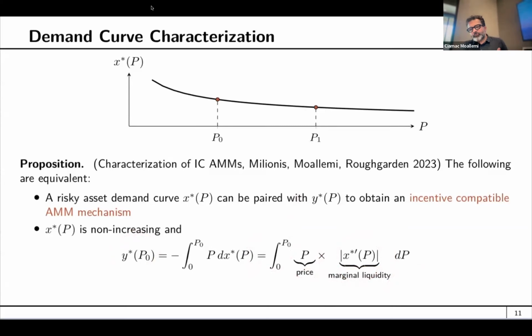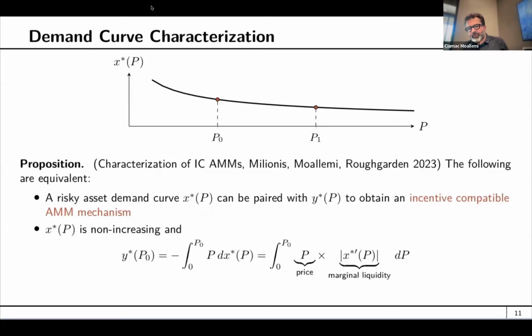So again, it says we move from one price to another price. We move along the X asset according to the X star curve, and the Y asset has to be consistent in some way. You have to also be trading the marginal liquidity at the corresponding price. So this is the characterization.